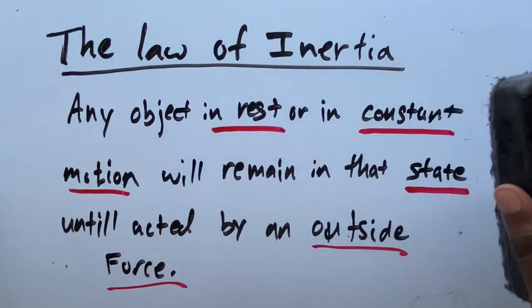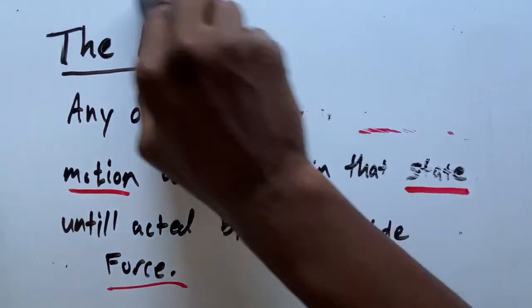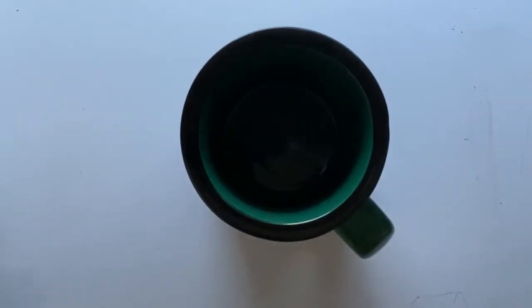Let's see, a quick example of inertia is the old tablecloth trick. So let's say I have this cup here, this mug, pretty big mug, kind of heavy. And let's say also I have something small. Let's say this dice.